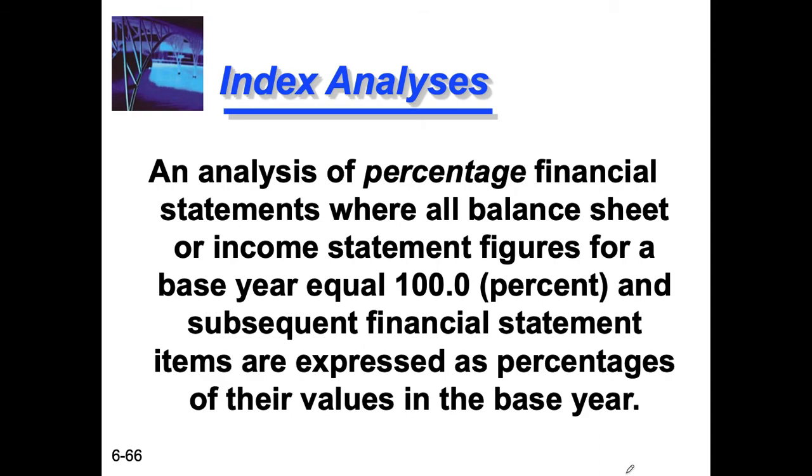Okay, finally we move to index analysis. It is an analysis of percentage financial statements where all balance sheet or income statement figures for a base year equal 100% and subsequent financial statement items are expressed as a percentage of their values in the base year.